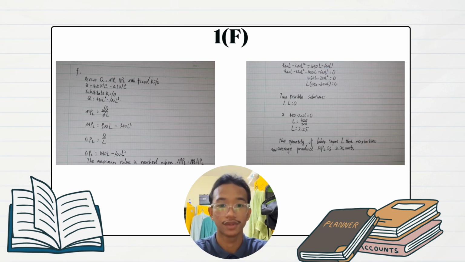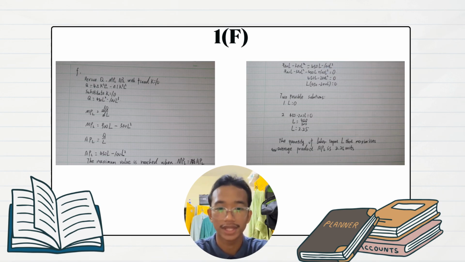Hi everyone, in this video, I'm going to explain the solution for question 1F, which asks us to find the number of units of input L, or labor, that maximizes the average product of labor, which is APL.